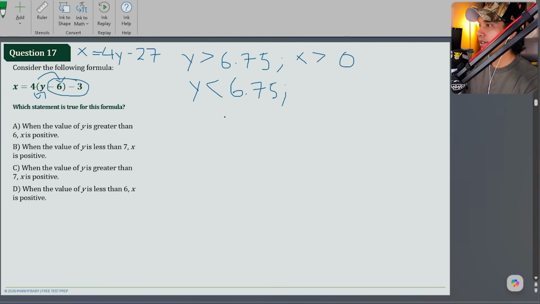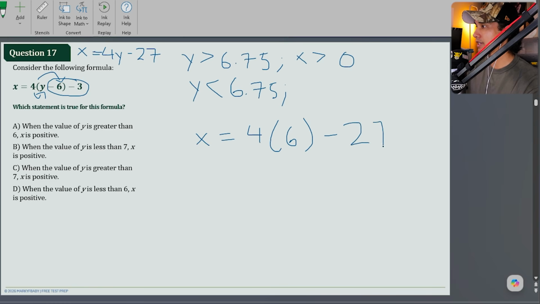So y less than 6.75, which is our cutoff, and let's go ahead and choose 6, okay? So we're going to use the equation again. X is equal to 4, and then I'm going to plug in 6 because that is below our cutoff, and then minus 27.